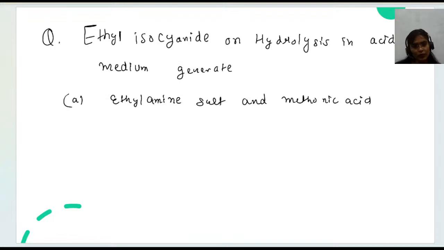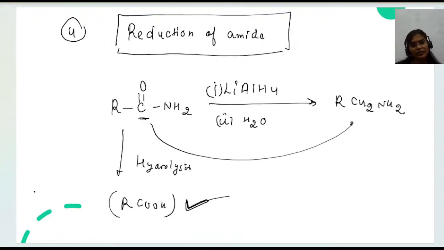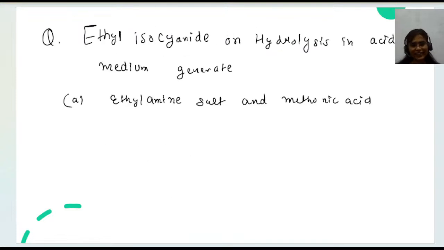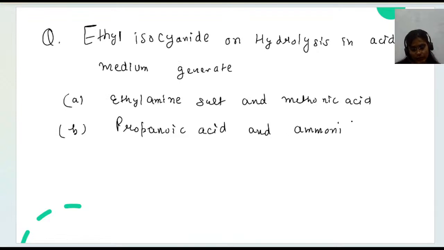Just try to answer on the basis of this. Option B is propanoic acid and ammonium salt. Actually, this is a part of the carboxylic acid chapter. Let's check whether you're able to answer or not.